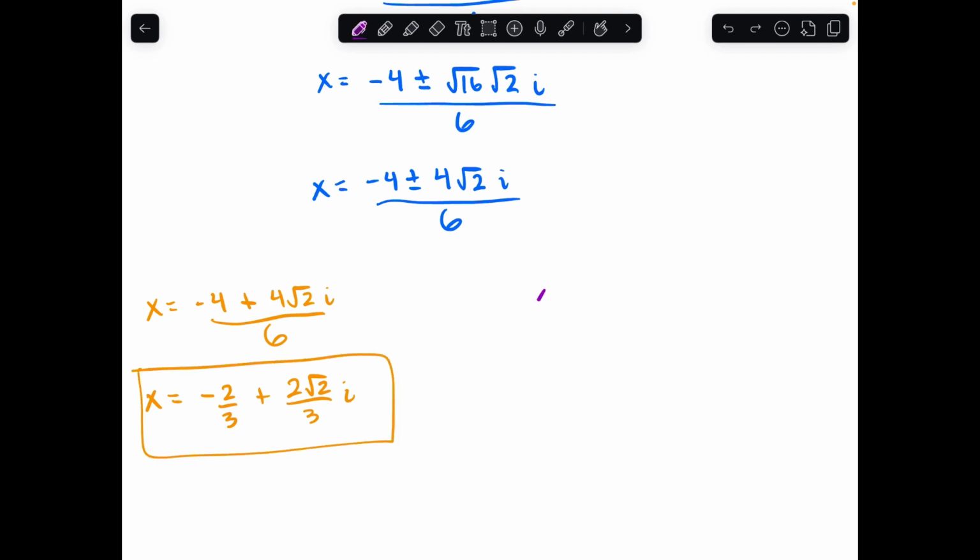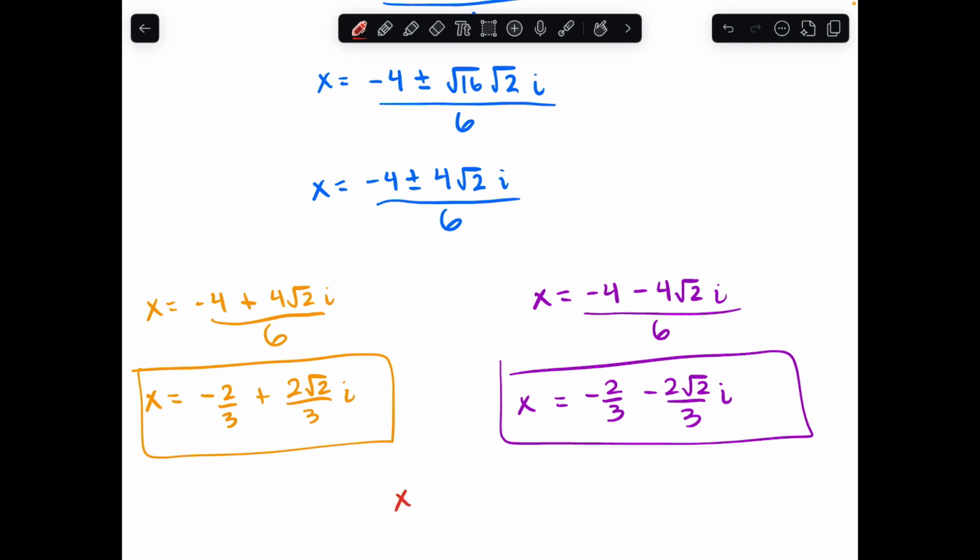The negative version becomes x equals negative 4 minus 4 times the square root of 2i all over 6, which then becomes x equals negative 2/3 minus 2 square root 2 over 3, and then times i.